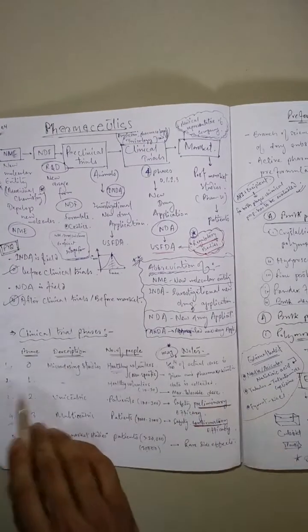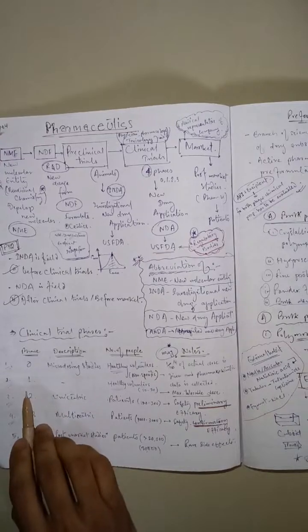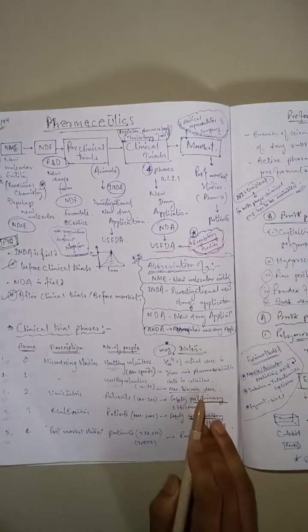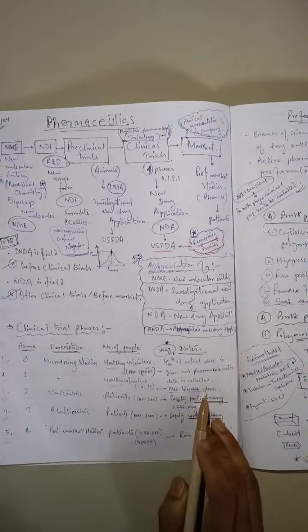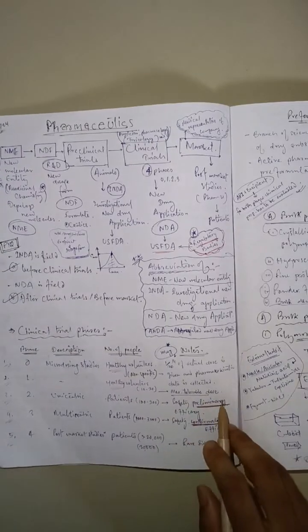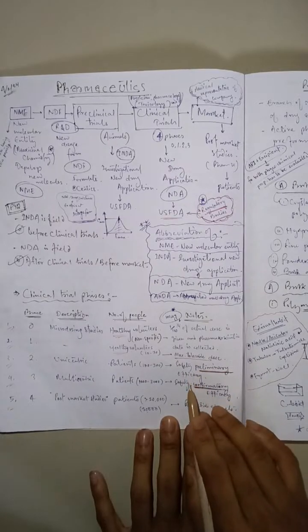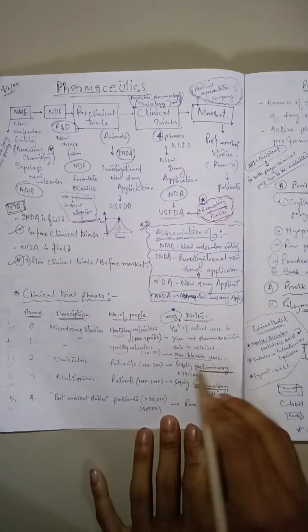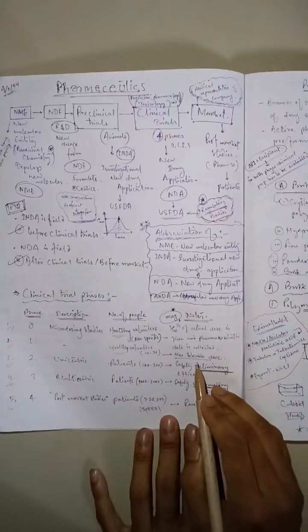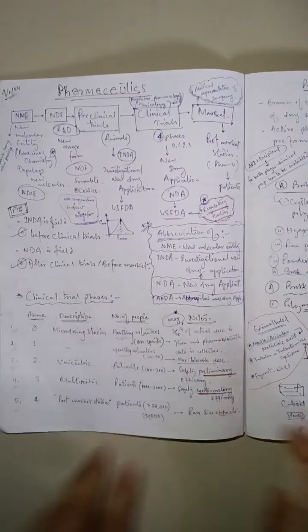Phase 1 study is also called the maximum tolerable dose study. So the maximum tolerable dose of a drug is determined by the phase 1 study.